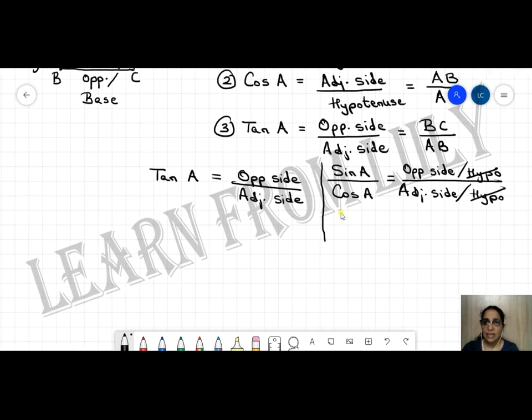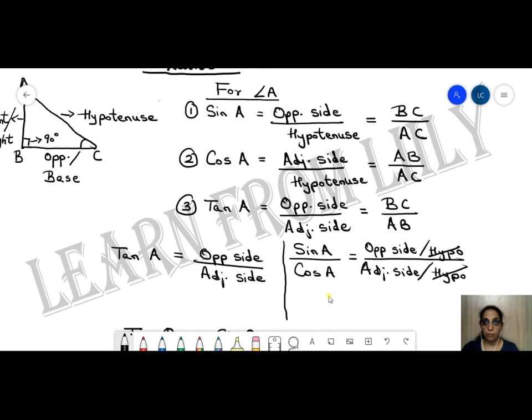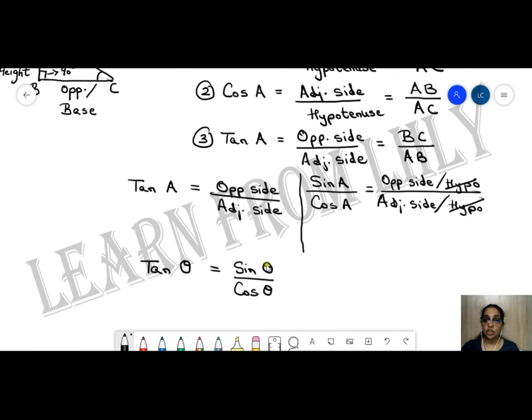Therefore, for any angle, now let us call it theta. Theta is just an imaginary number which you give to an angle or a variable. So tan theta is nothing but sine theta upon cos theta. So this is how we have established a relationship not only between the different sides and how they affect the angles of a triangle, but we have also established a relationship among the three different ratios.